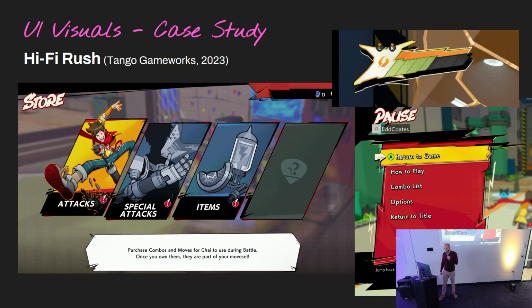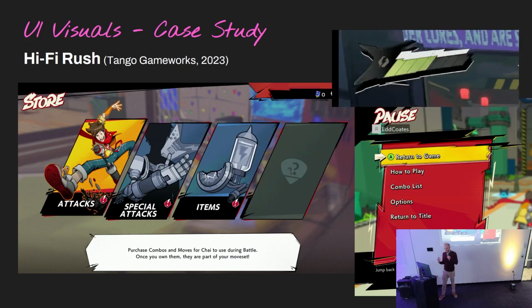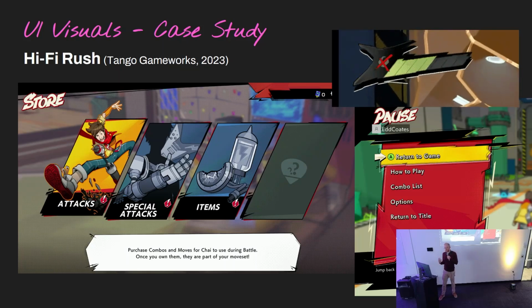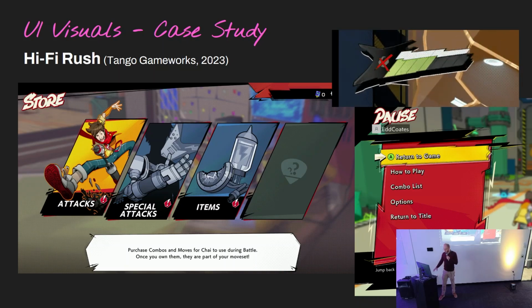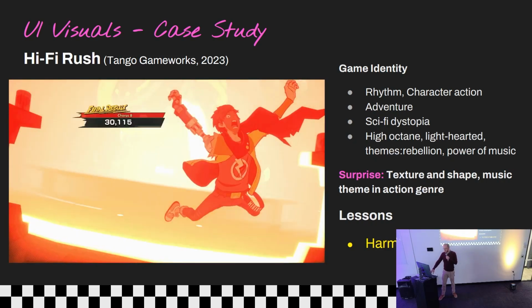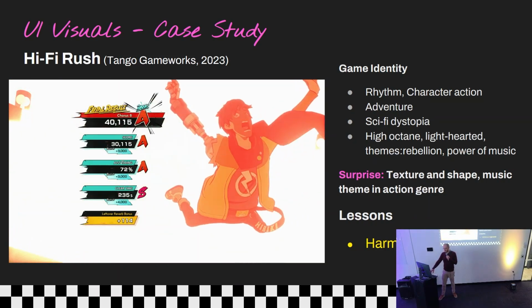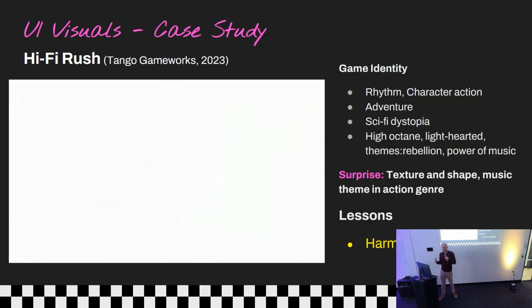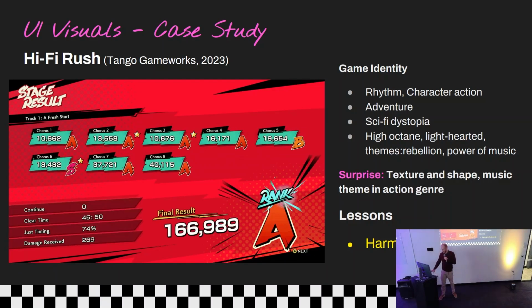There's also a lot of comic book influence, which is to do with the narrative of the game. It's very Saturday morning cartoon, very bombastic. And all of that comes together in a really interesting way to break through a clear experience of what the game wants to be, including especially the UI.